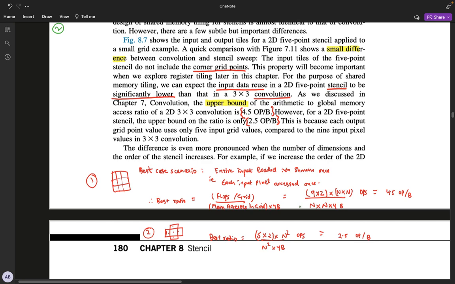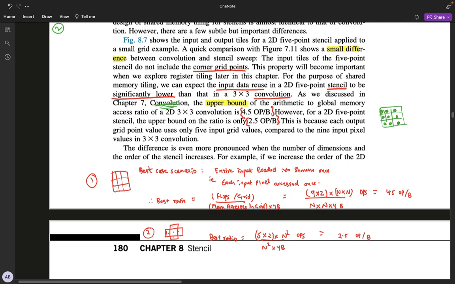So flops per grid can be written as the number of threads in the grid times flops per thread. The number of threads per grid is n square, and flops per thread, in the case of convolution, was 9 into 2, because we have a multiplication with the corresponding kernel filter elements.